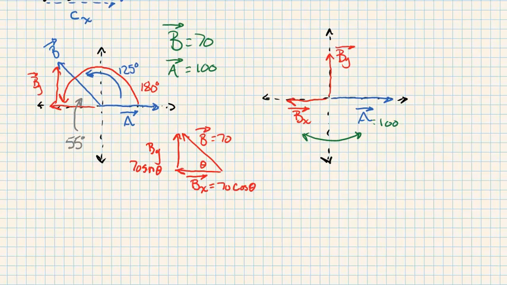So by applying this formula and this formula, we find that By, as it turns out, is 57.3, and Bx is 40.1.